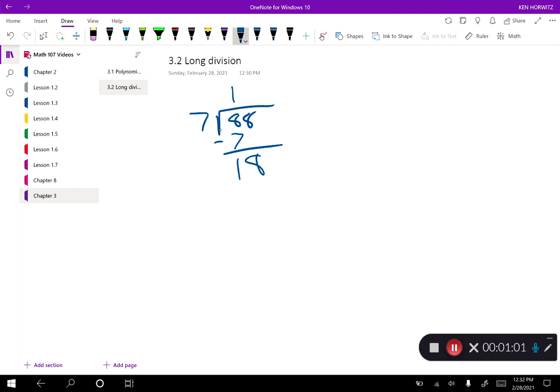Then I would say, how many times does 7 go into 18? That would be 2 times. 2 times 7 is 14, and I'm left with a 4. I could say 12 remainder 4, or 12 and 4/7 as my complete answer.